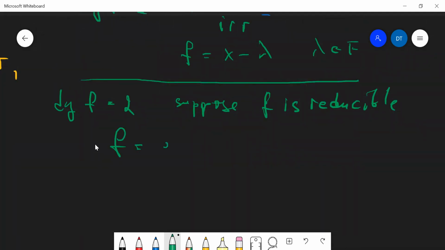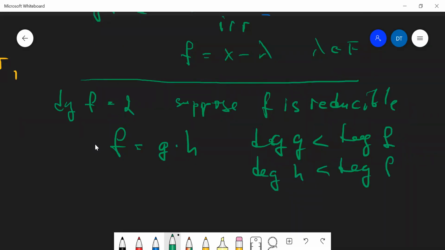Then f is a product of g and h, and the degree of g is strictly smaller than the degree of f, and the degree of h is strictly smaller than the degree of f. But f has the degree 2. The only case which is possible here is that the degree of g is 1, the degree of h is also 1, which means that f of x is the product of two linear polynomials.